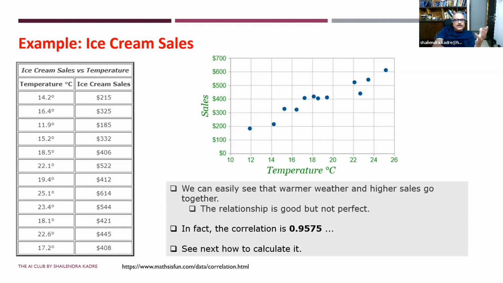That is daily sale. For a small grocery store, $700 daily ice cream sale is not bad. For a bigger store it is nothing. So I meant to say there are two variables here: one is temperature and one is sales.